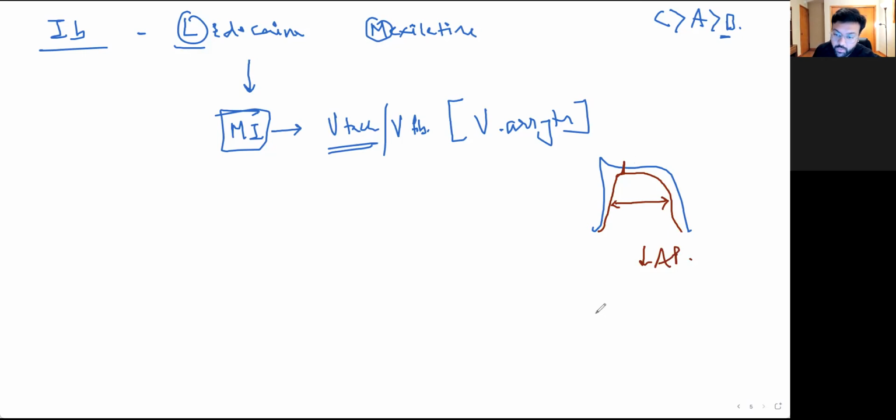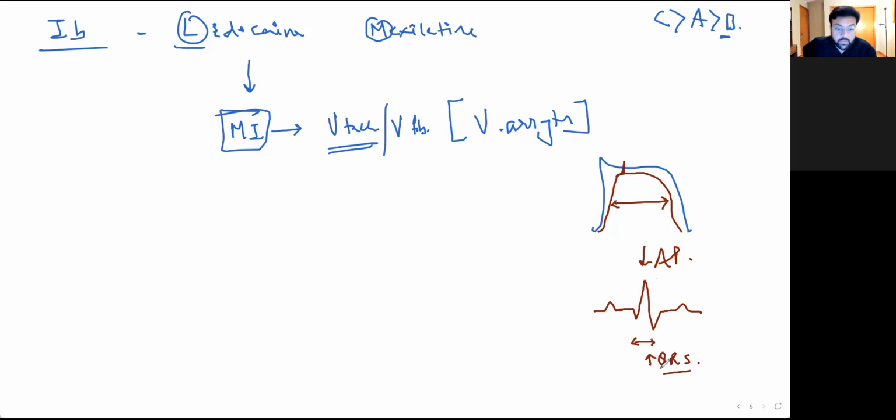What will happen to the QRS complex in the EKG? Do you think that will change? It's normal. Yes, it is going to change because it's a sodium channel blocker. So QRS ideally should increase.